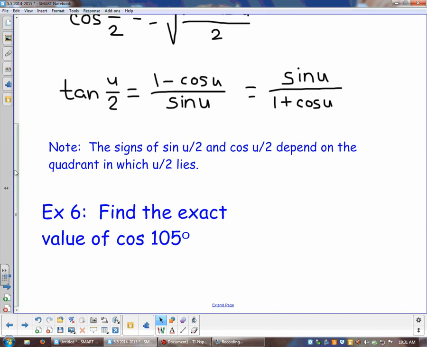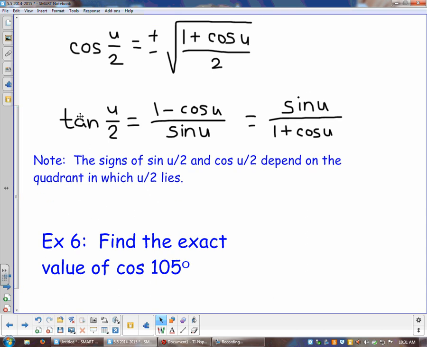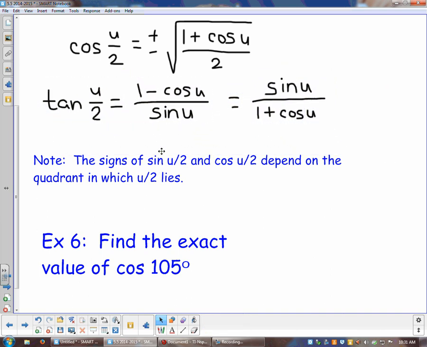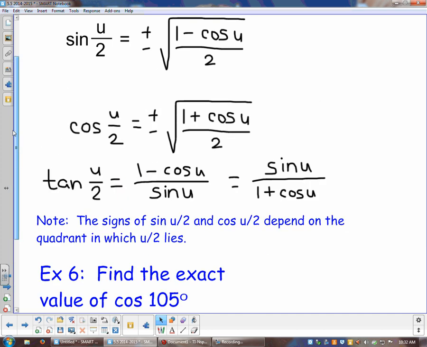Okay, so if we want to find the exact value of cosine of 105 degrees, is 105 on your unit circle? No, not one of the ones that we've memorized. Is 2 times 105 on your unit circle? Okay, so in other words, 105 times 2 is equal to 210, and 210 is on the unit circle, right?